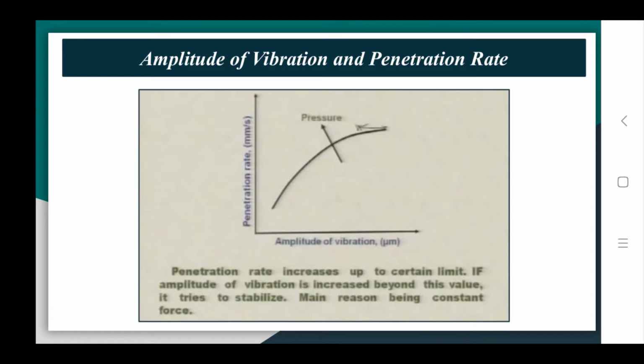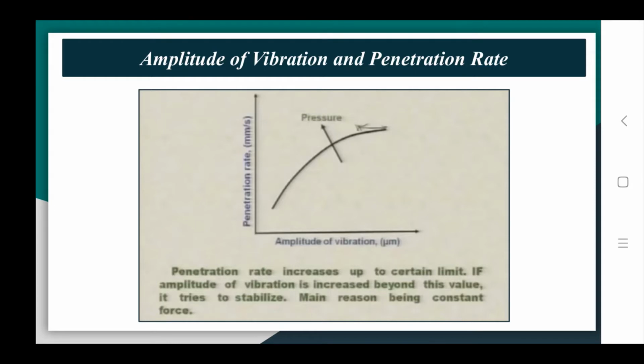But beyond a certain value, it becomes more or less stable. So the penetration rate increases up to a certain limit if the amplitude of vibration is increased, but beyond this value it strives to stabilize.